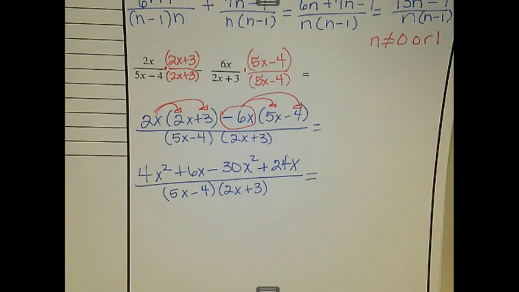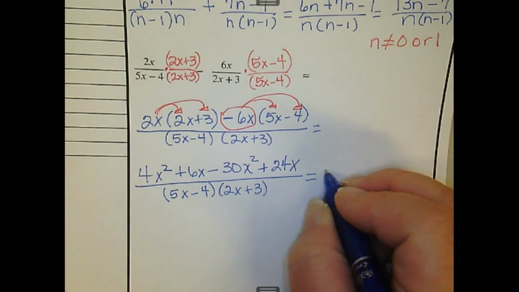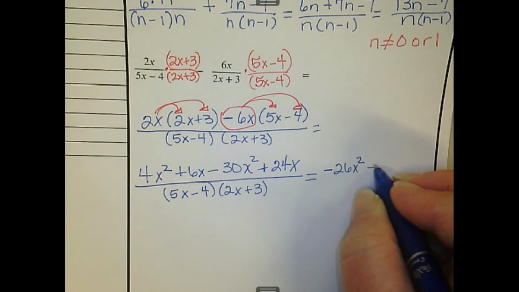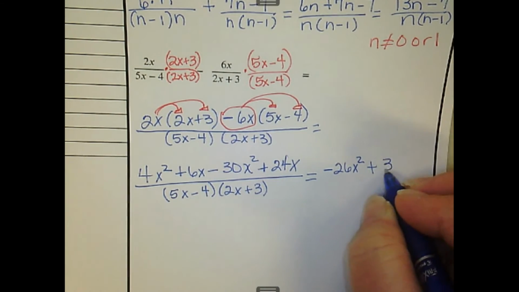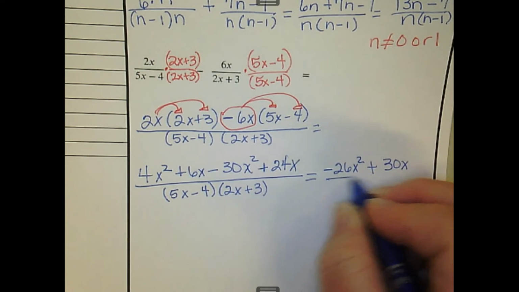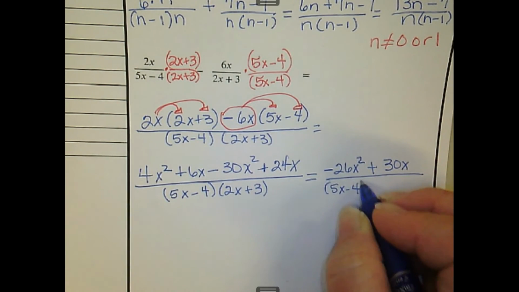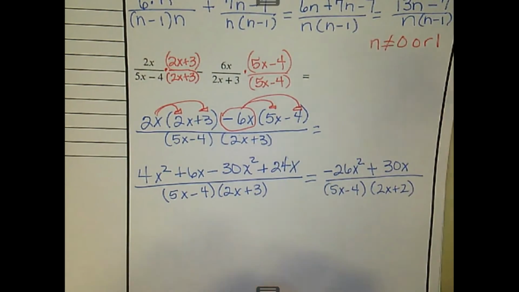Simplify. 4x squared minus 30x squared is negative 26x squared. 6x plus 24x is 30x. All of it over 5x minus 4 times 2x plus 3.